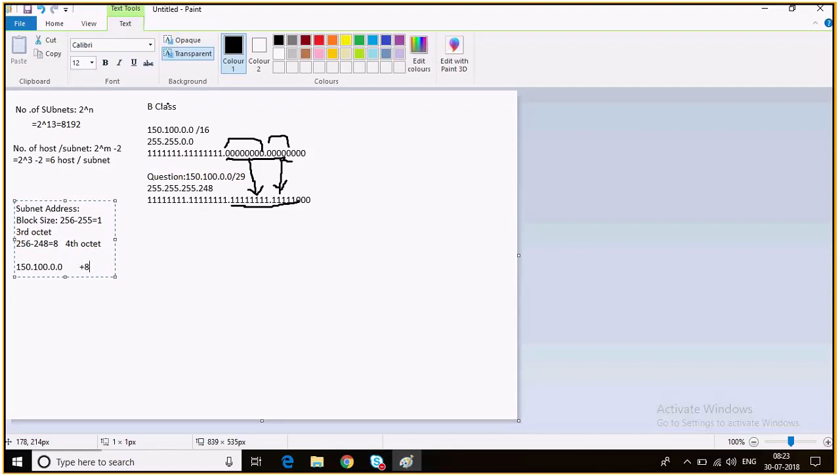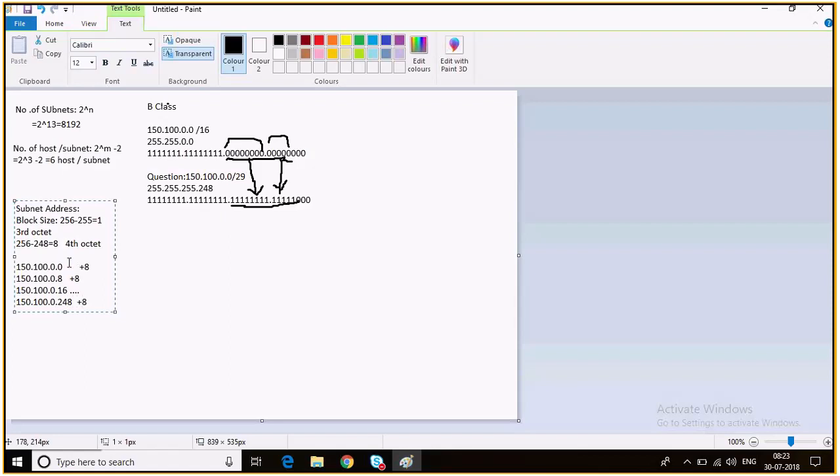So I'll add 8 over here, in the octet from which it is being generated. 8 is being generated from the fourth octet, so I'll add 8 to the fourth octet, keeping the third octet the same. 100.0.8, plus 8, 100.0.16. I'll keep on doing this till I get to 150.100.0.248. Again, I'll add 8 to it.